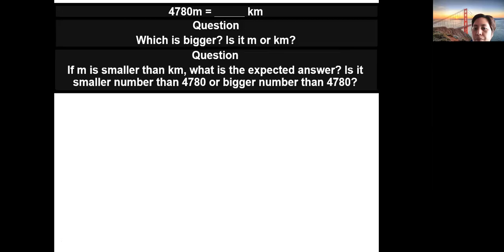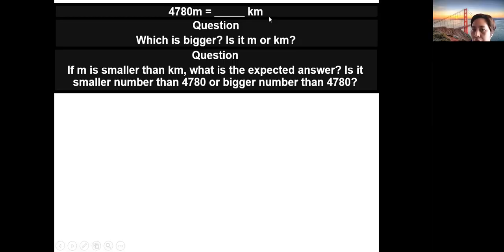what is the expected answer? Is it a smaller number than 4,780 or a bigger number than 4,780? Take note that this is opposite to our previous example. The previous was a bigger unit converted to a smaller unit.